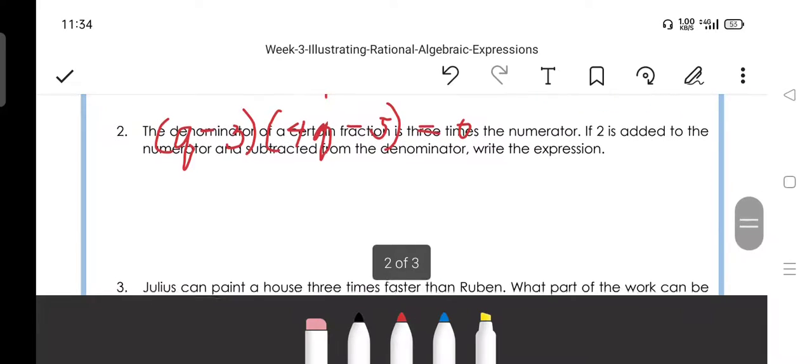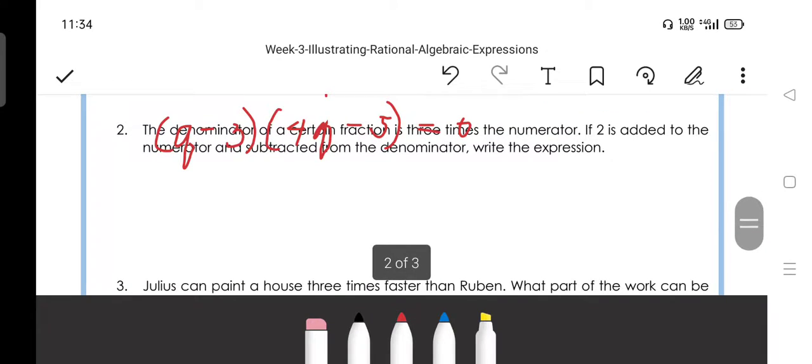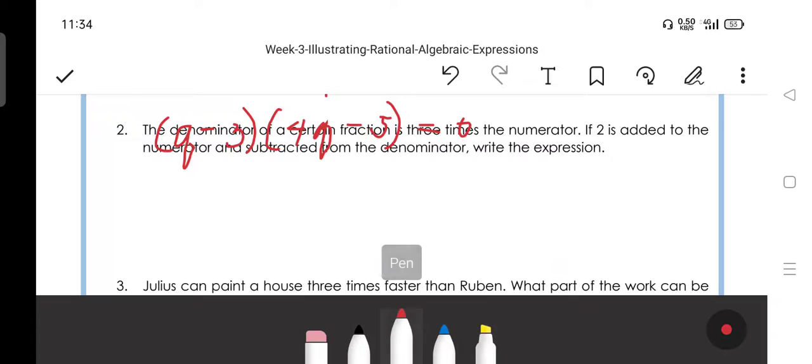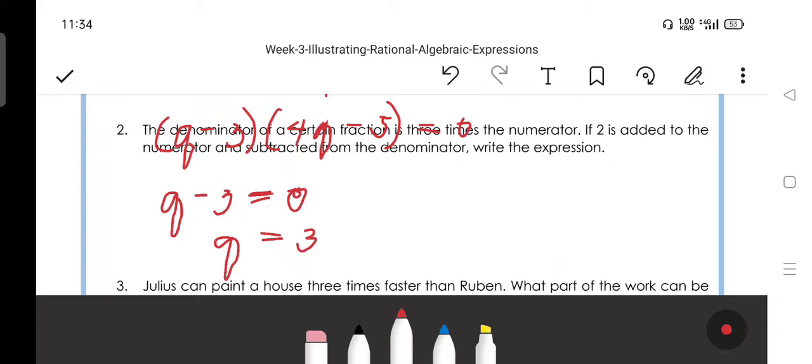Then equate each factor to 0. That means we have q minus 3 is equal to 0. And solving for q, transpose negative 3. So q is equal to 3.